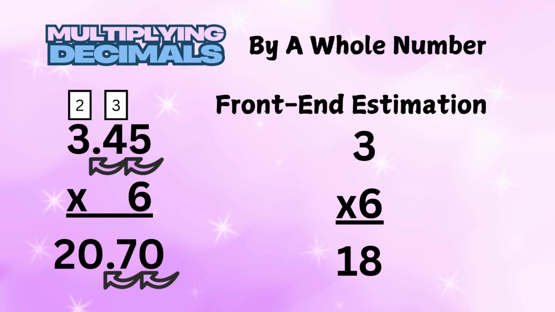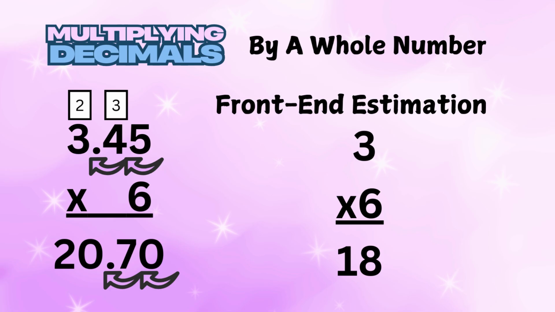So 3.45 would become simply 3 in my estimate. 6 is already a whole number, so I would simply multiply 3 times 6. Using front-end estimation, my estimate would be 18. Now, if I were to multiply 3.45 by 6 to determine what the actual answer is, I'm able to compare. Is it a reasonable estimate?